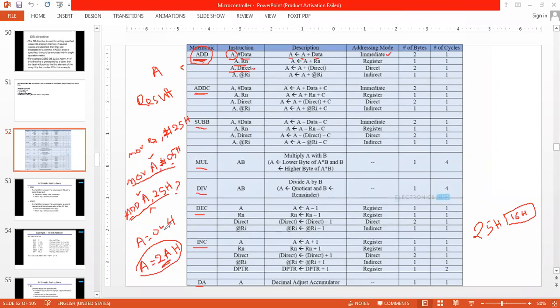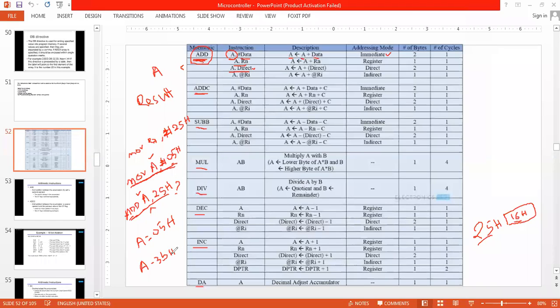A is having 05H. MOV A comma hash 05H and ADD A comma 25H. Now in 25H the data is 16H. Now what is the value of A after this instruction? Three B. Yes, it is going to be 3BH.